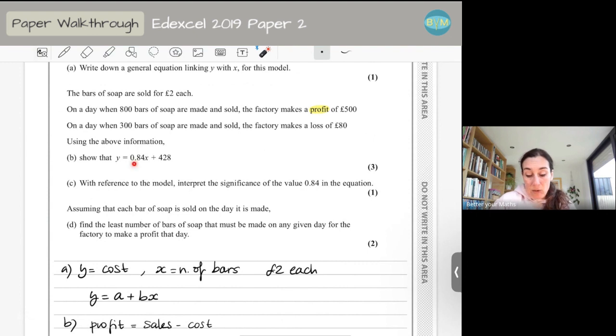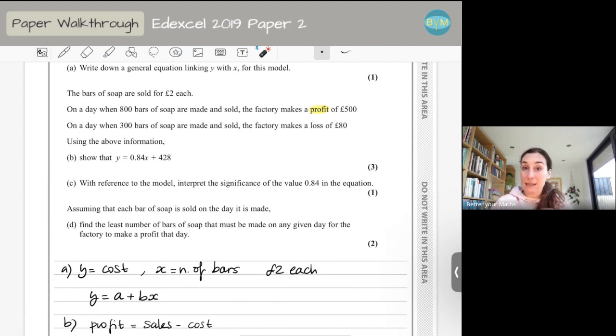So the 0.84 is how much the cost increases when you increase x by 1 unit. The x is the number of bars. So that means that every extra bar that you make, the cost increases by 0.84, which just means that each bar that you produce costs 84 pence.